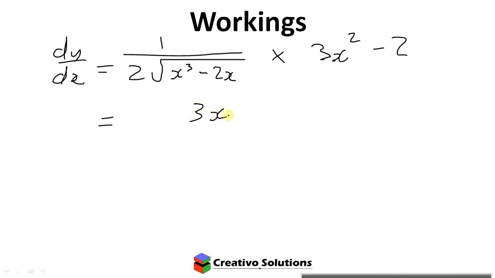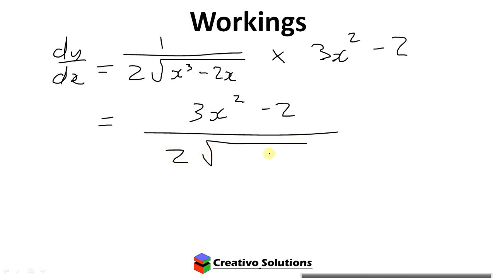So 3x squared minus 2 over 2 square root x to the 3 minus 2x is the derivative, is the dy over dx. Is that right? Still okay.